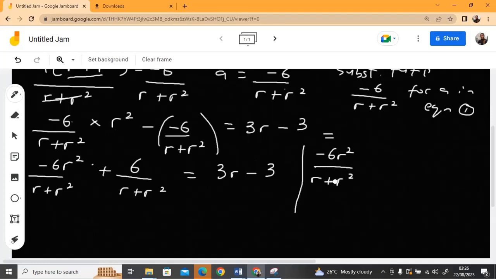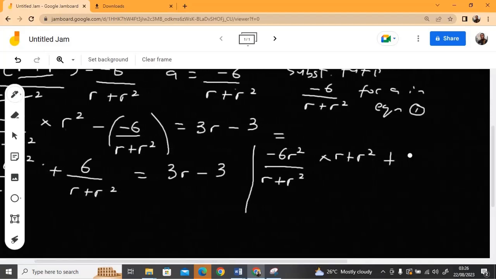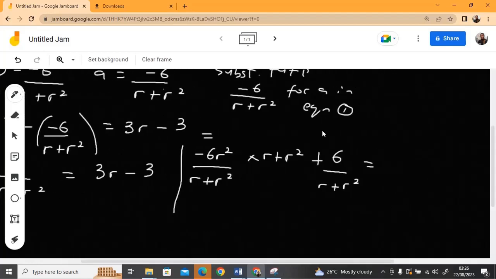You're going to multiply each of them times R plus R squared, plus 6 over R plus R squared equals R minus 3, then R plus R squared.